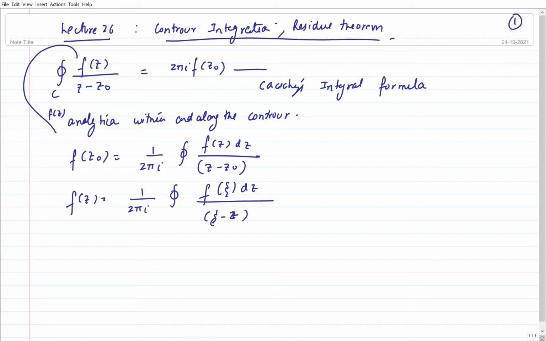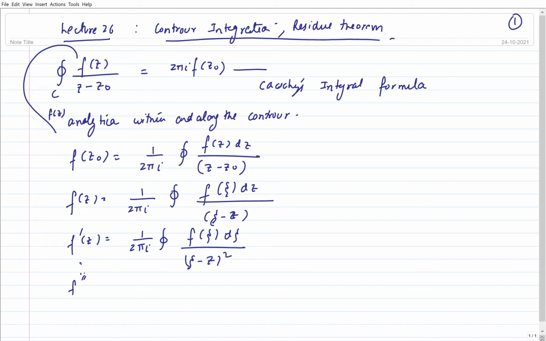The usefulness is that now I can take the derivatives, and so on and so forth.